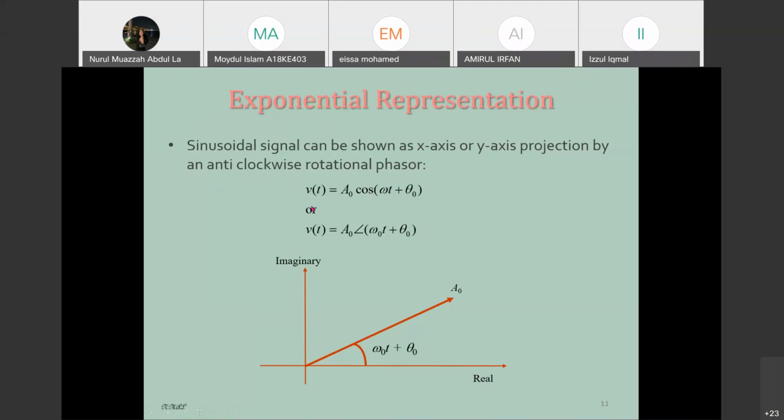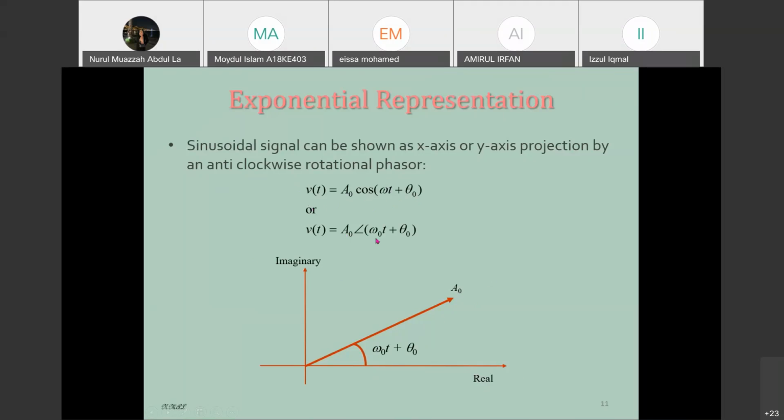For the equation V(t) equal to A naught cos(omega t plus theta naught), this A naught is actually the magnitude, or the length of this line here. So if A naught is too short, we should plot shorter here.